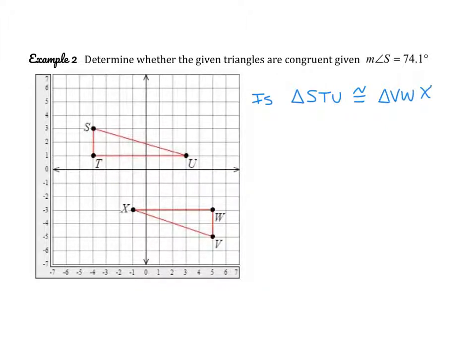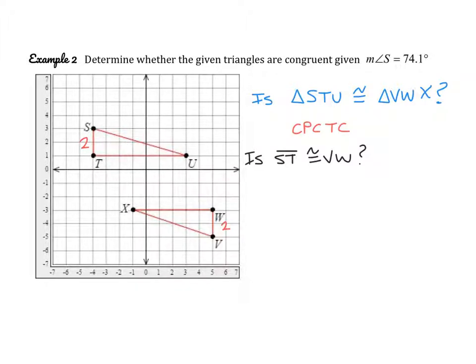So we are told what the measure of angle S is, but before we even look at the measure of the angles, we know that according to CPCTC, all of the corresponding sides should also be congruent. So let's first see if ST is congruent to VW. Is this true? Let me add a question mark up here as well. Okay, I can see that ST is 2, and I can see that VW is 2.